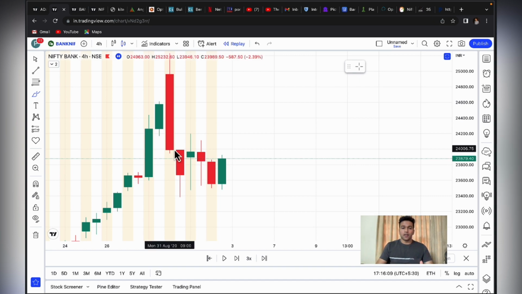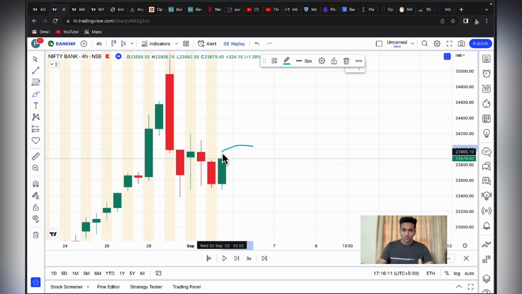So here the bullish candle has to engulf the previous candle. Engulf meaning it has to eat up the complete candle.